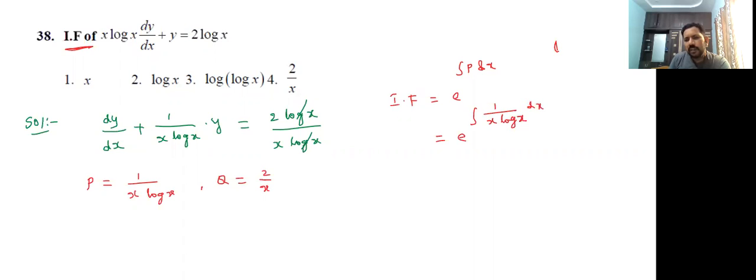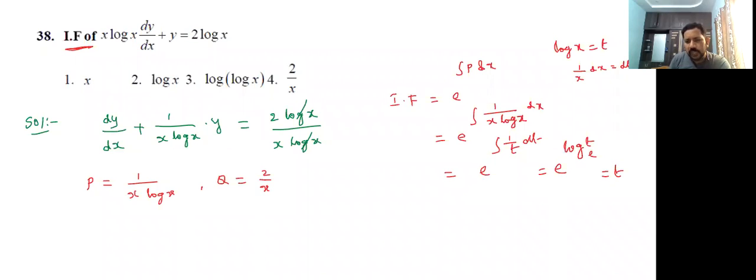Here log x is equal to t, so the derivative of log x, 1 by x dx, is equal to dt. So e power integration 1 by t dt, that is e power log t to the base e. That means t only.